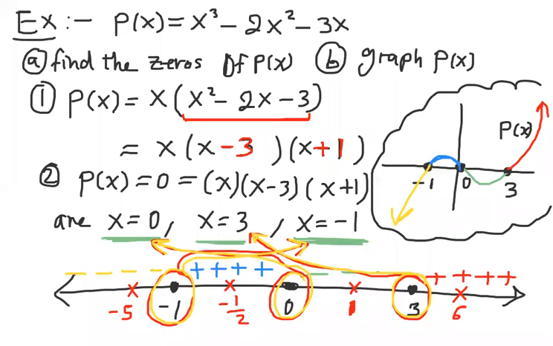Okay, so we finished this section by finding the zeros and graphing the polynomial function. Let's go to the new chapter, 4.1. This chapter is about the exponential function.